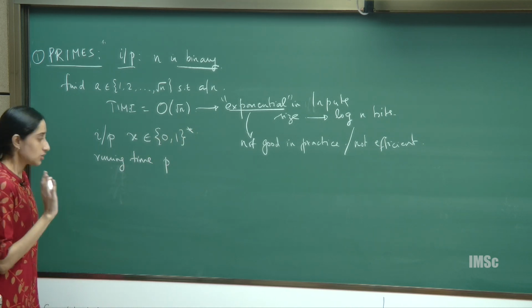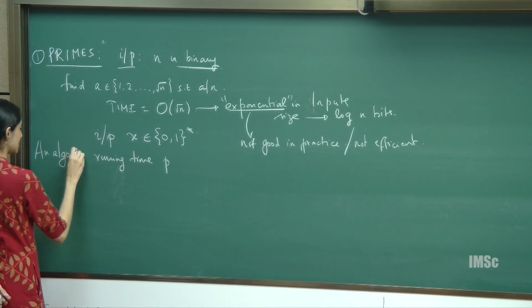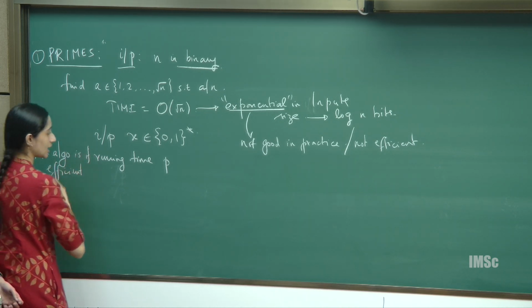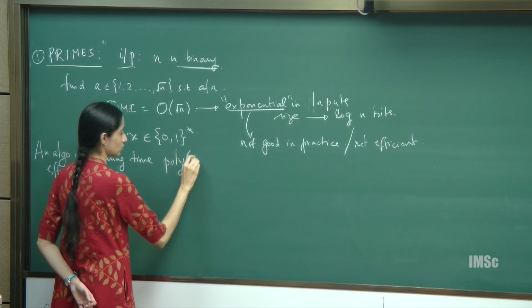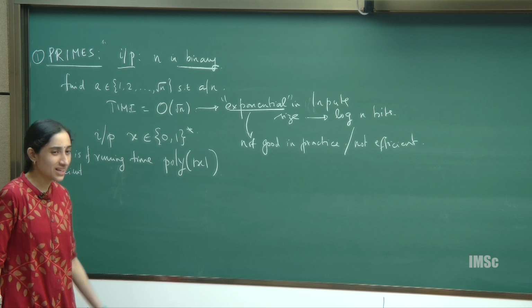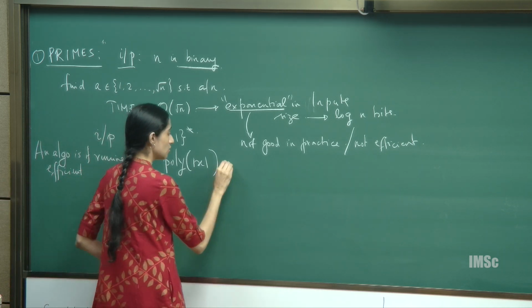So you say an algorithm is efficient if running time is polynomial in length. There are reasons why we say polynomial is the right notion of efficiency.